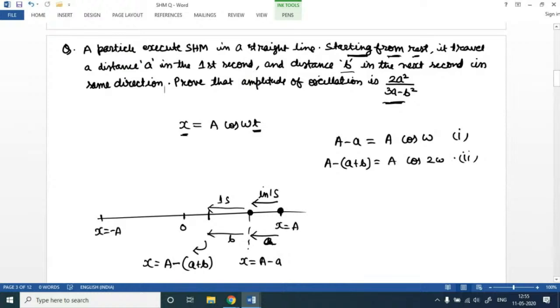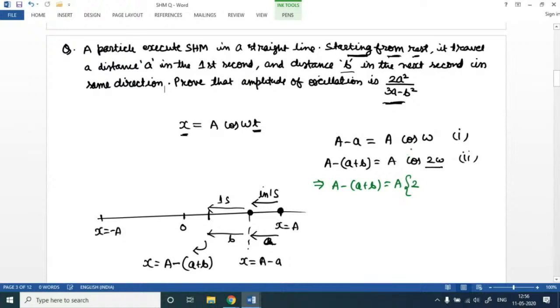Okay, so cos 2 omega definitely can be represented as, let me solve a little bit. I will not solve it completely, I will just do a few steps and leave it to you then. Cos 2 omega, you should realize, is nothing but 2 cos square omega minus 1.